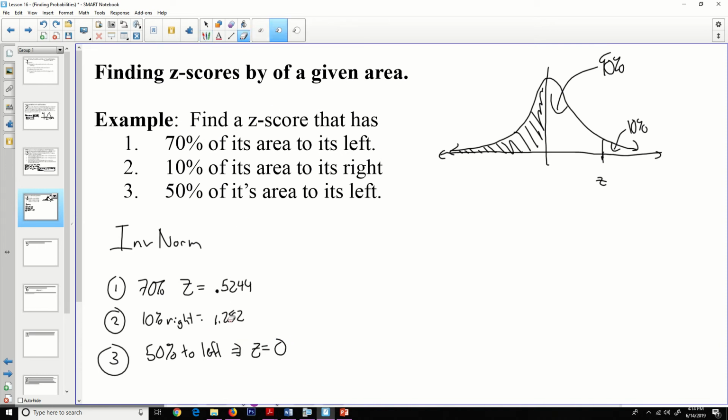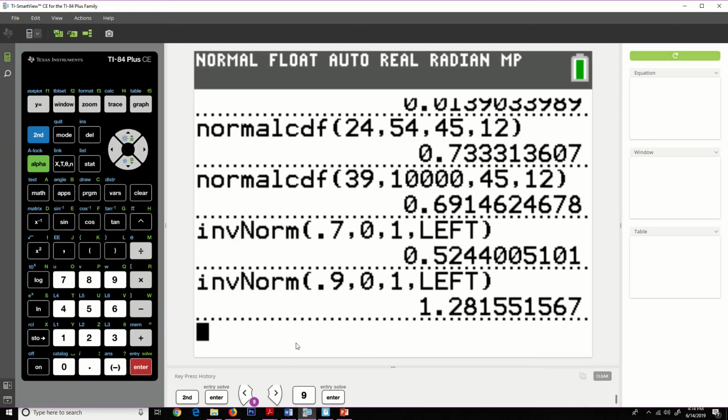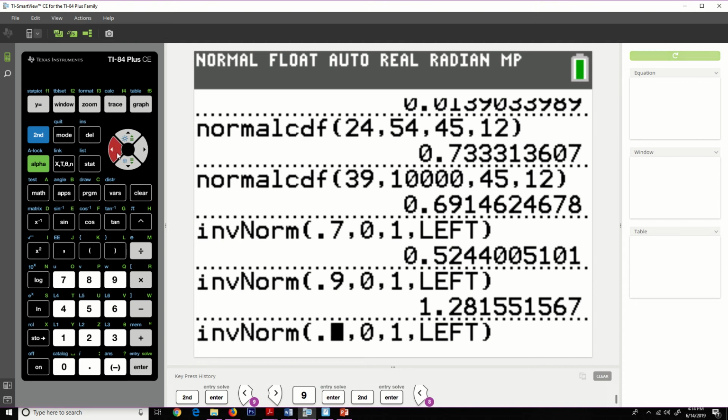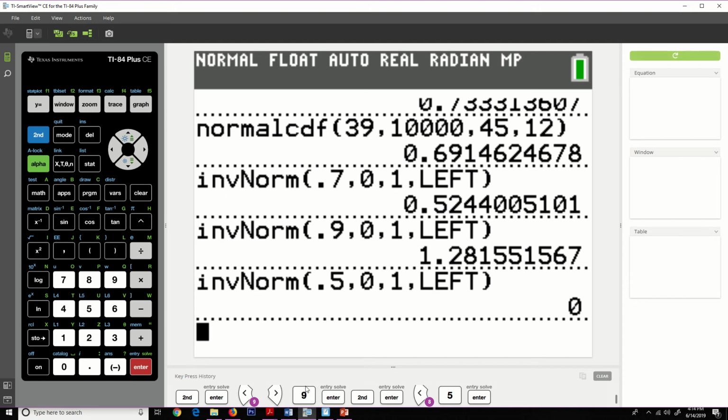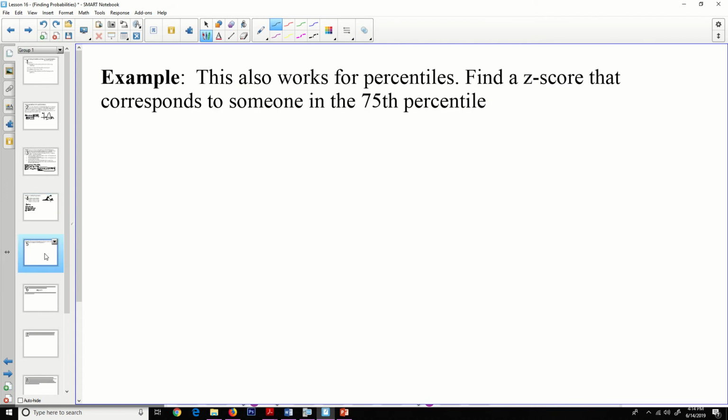Let's make the earlier one clear: 10% to the right gives a z-score of 1.2816. If you wanted to, you could still go second enter, say 50% to the left, and again we get 0. So I feel vindicated in my prediction there. All right, let's move on.